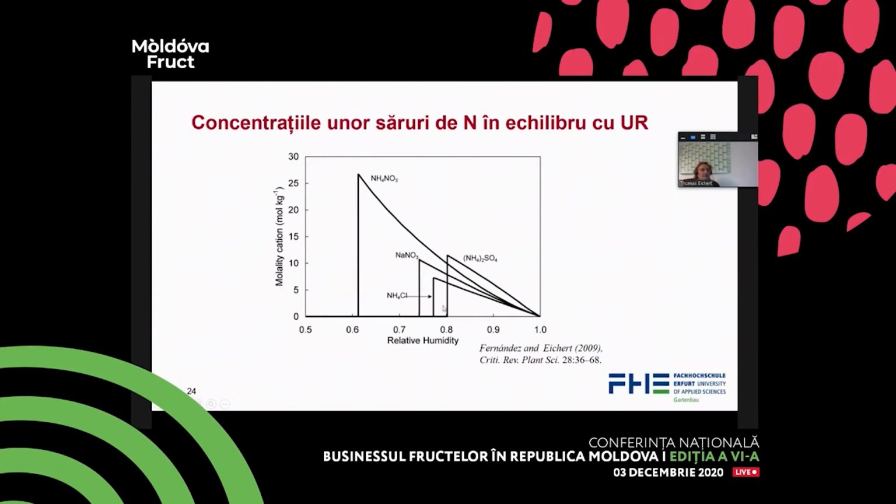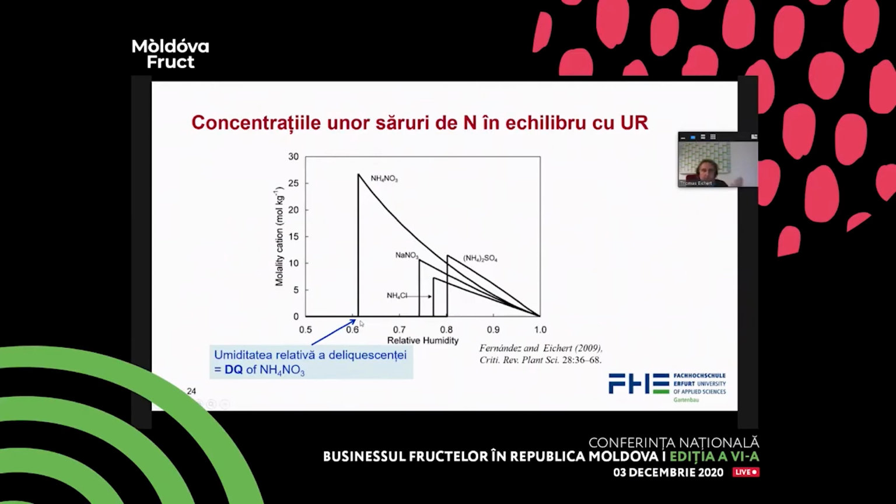Every salt has its distinct deliquescence point. This can be seen here in this graph. We see the concentration of these nitrogen salts as a function of relative humidity in equilibrium with this humidity. And you can see, just as an example, that the deliquescence point of ammonium nitrate is just about 60%.